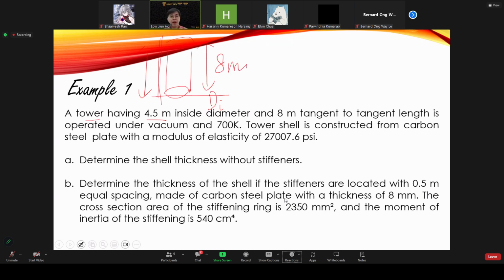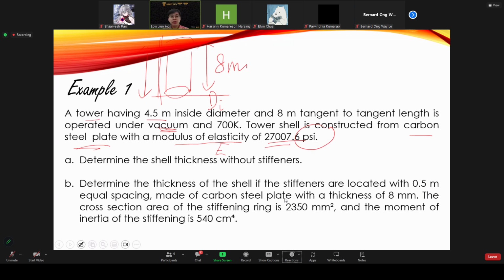It operates under vacuum, meaning lower than 1 atm, and the operating temperature is 700 Kelvin. The tower shell, the outer surface, is constructed from carbon steel plate, and the modulus of elasticity E is this one, measured in PSI.